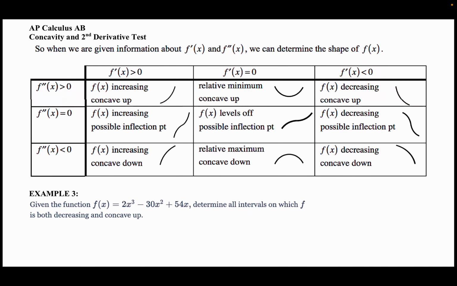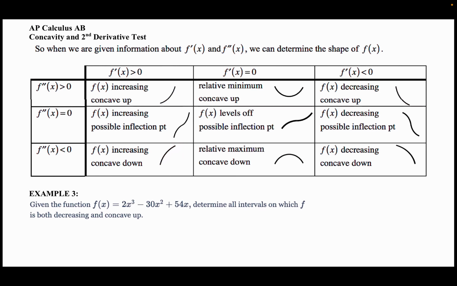Okay, so this gives you a picture of what it would look like in your head. If it's hard to see, what does increasing and concave down look like? Something similar to that, where it's increasing, but cupped down. Okay?